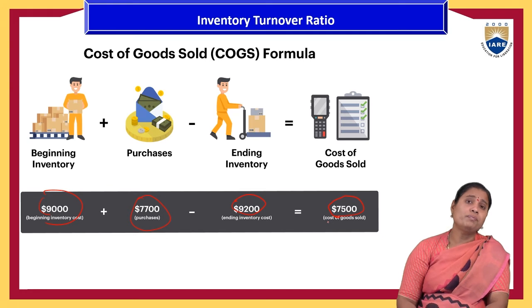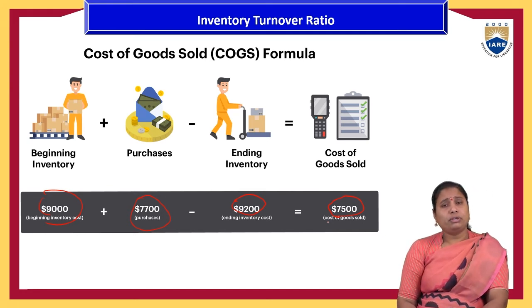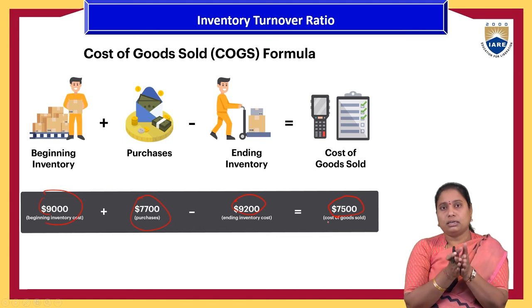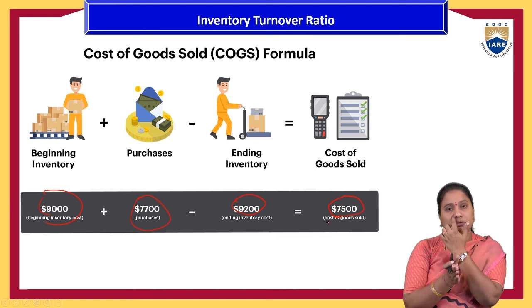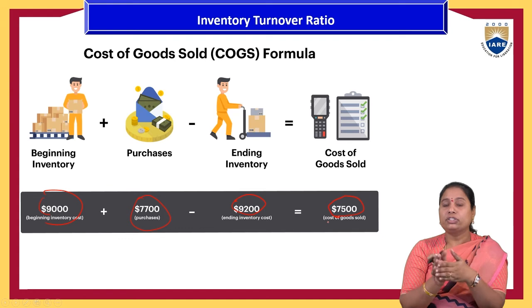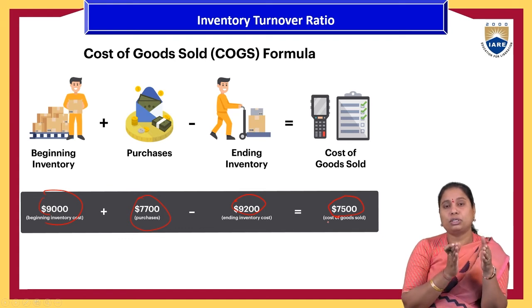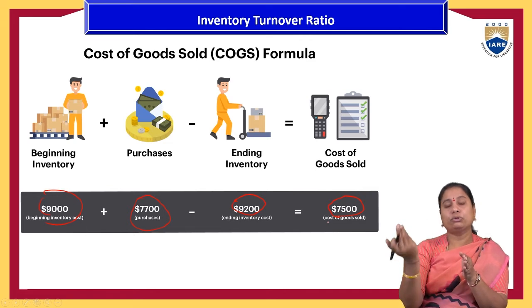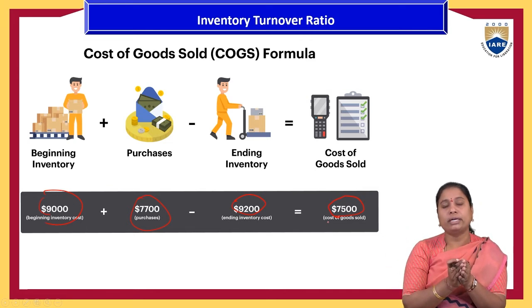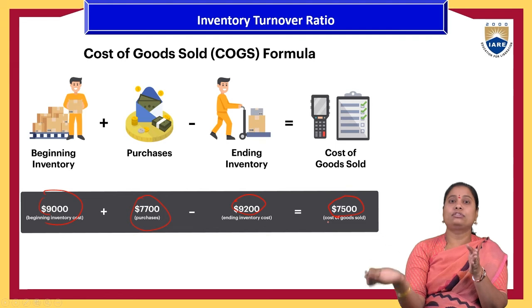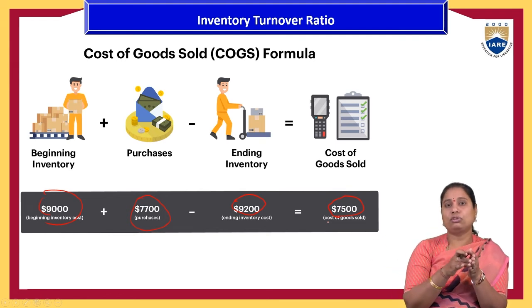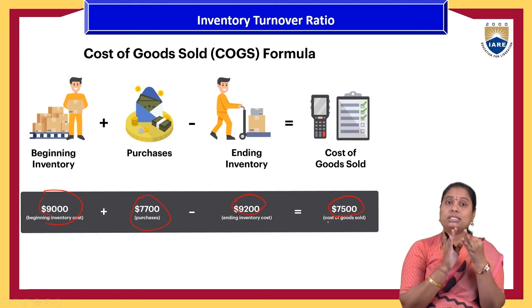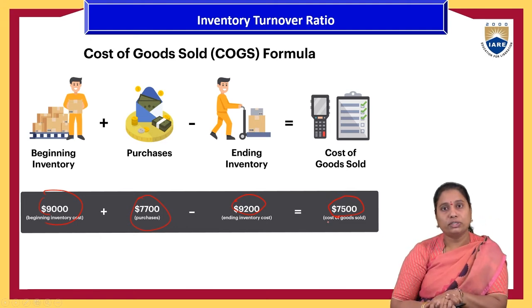For example, in our house we already have 10,000 worth of rice for conducting a function. Assume we are expecting 20,000 worth of rice to be required, so we have added 5,000 more. Total, 10,000 opening plus 5,000, that is 15,000 worth of rice.